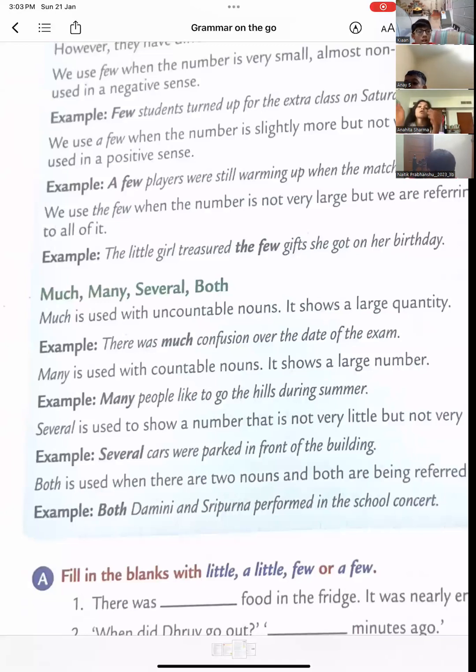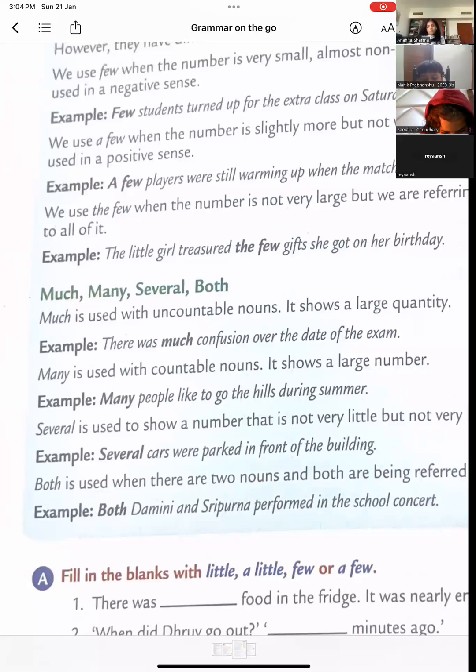So when I'm using much, it shows a large quantity. So there was much confusion over the date of exam. Can you count confusion? How much confusion is in your head? Can you count confusion, Anahita? I'm quite confused. Can you count it? You can't. So that is why we will be using much confusion here.